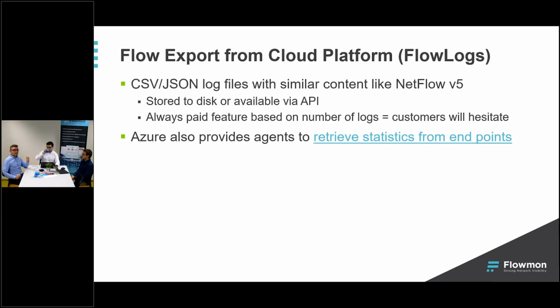We can see in AWS and Azure as well that there is an option to receive FlowLogs from the monitored cloud servers, and these FlowLogs can be transferred to, let's say, NetFlow 5 or a similar format on the collector side, and they appear as a standard flow.